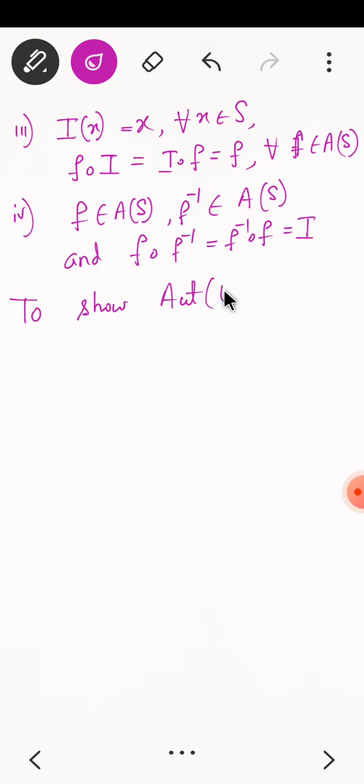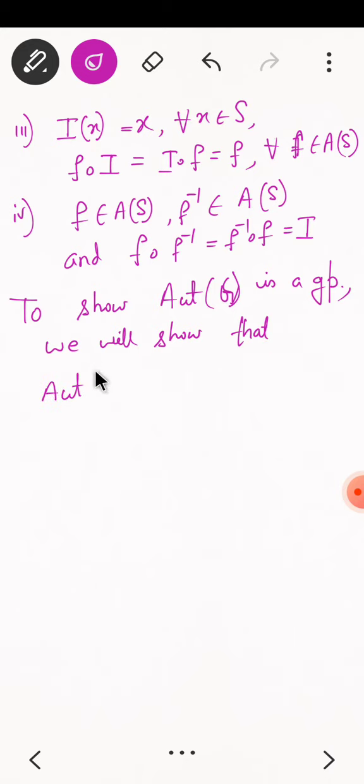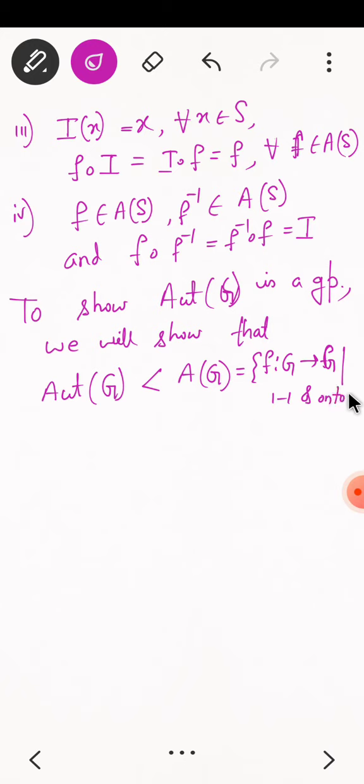So now, to show that Aut(G), the collection of all automorphisms from G to G, is a group, we will show that Aut(G) is a subgroup of A(G), where A(G) is the collection of all mappings from G to G which are one-one and onto.